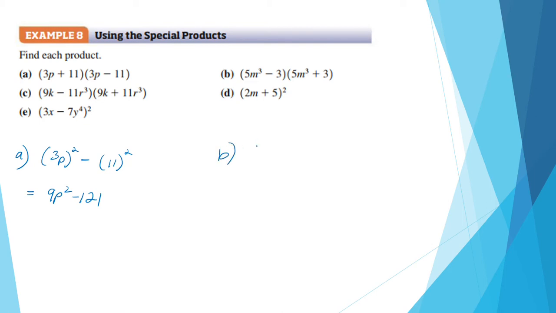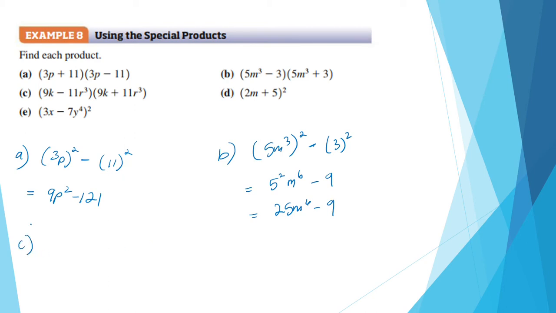Part B, we have 5m cubed minus 3 times 5m cubed plus 3. Again, we're going to use the formula: 5m cubed squared minus 3 squared. This simplifies to 5 squared m to the 6th minus 9. And of course we could simplify that further as 25m to the 6th minus 9.